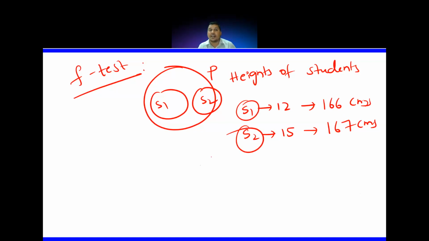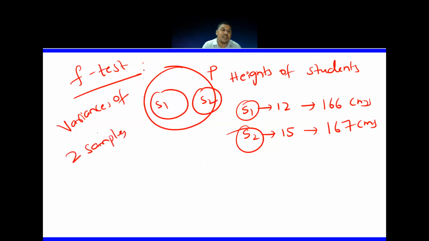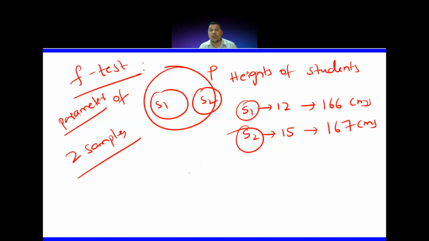Now, the F test is used to find out whether the variances of these two samples are equal or not. To be more specific, whether the parameters of the two samples are equal or not.